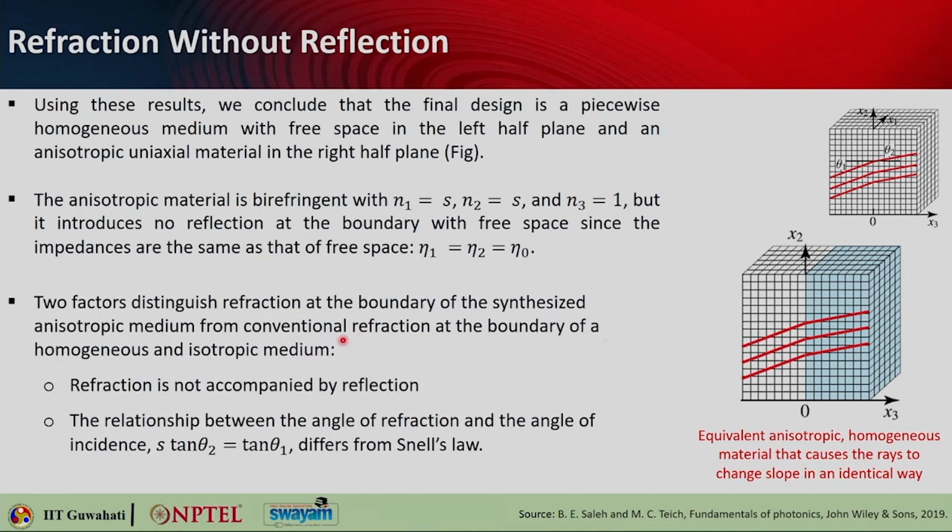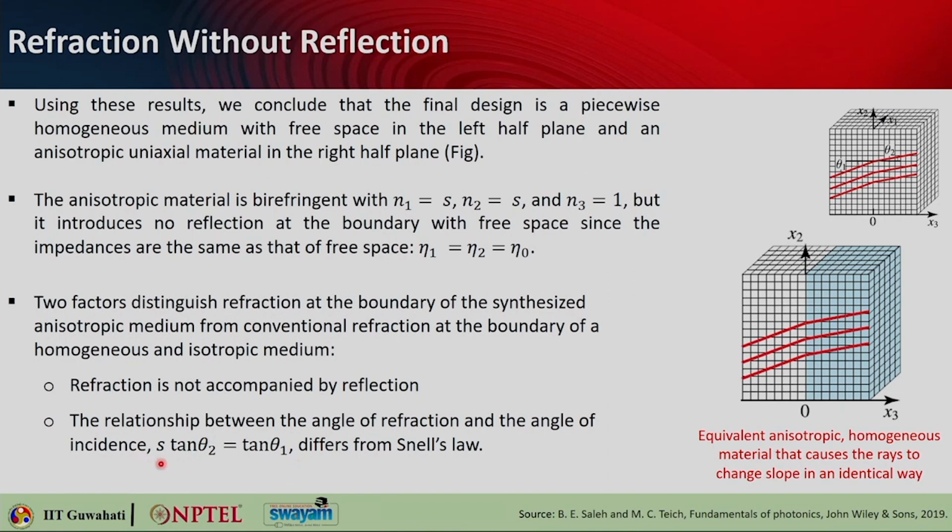So the two factors that distinguish refraction at the boundary of this synthesized anisotropic medium from the conventional refraction at the boundary of a homogeneous and isotropic medium are, first, that the refraction you are getting does not come with a reflection, okay. And second, the relationship between the angle of incidence, theta 1, and the angle of refraction, theta 2, is different here.